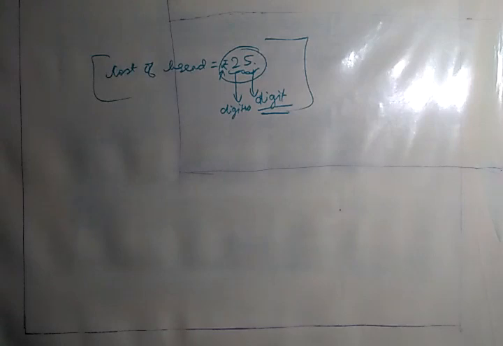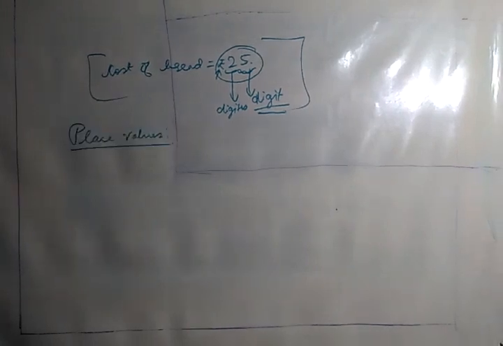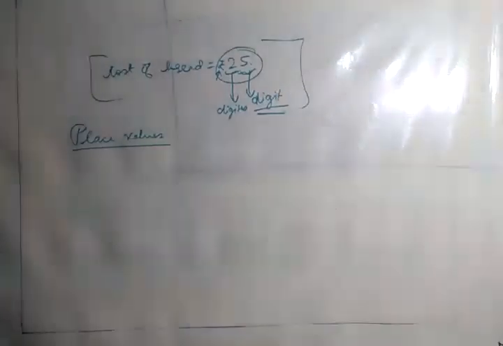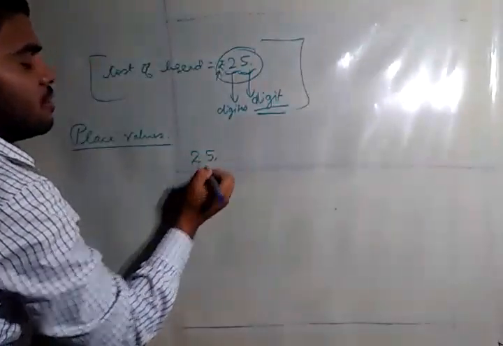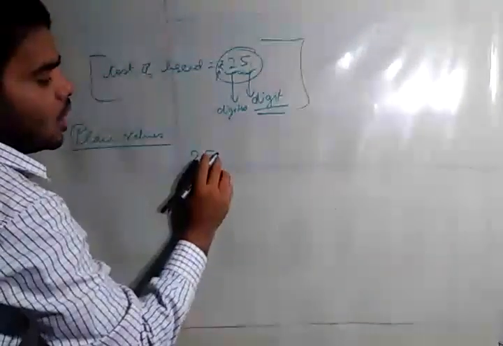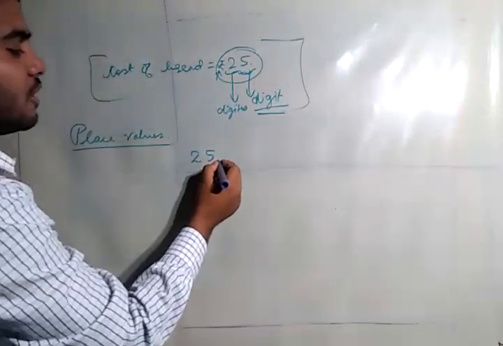Now the next part that I am going to discuss is place values. Now what is place value? Right now I have written 25. Let me take another number, 25.